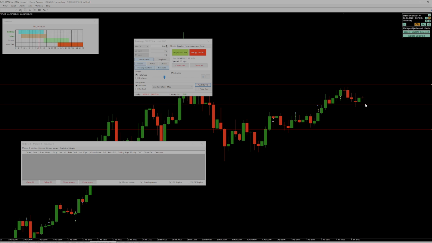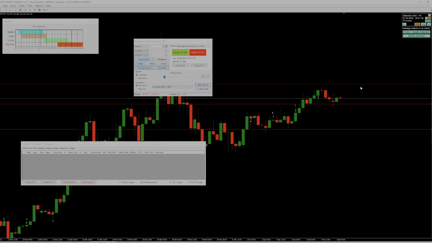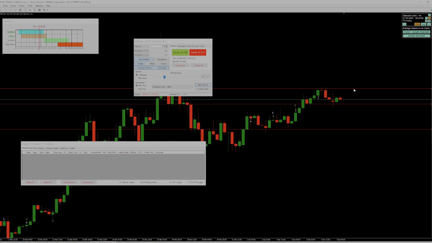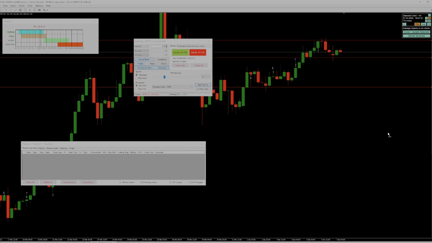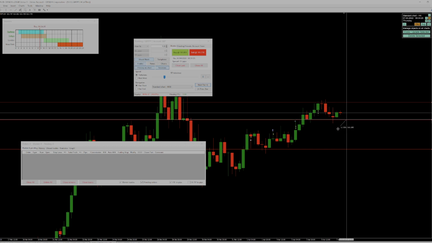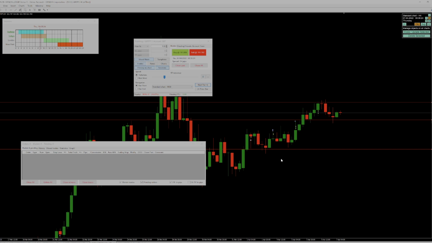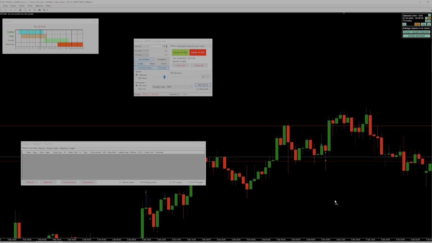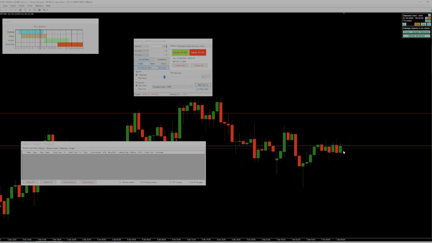As rangy as this is, four-hour support. I mean, you could take it in this range. This would be a clean range for sales. You'd want to break below that though.